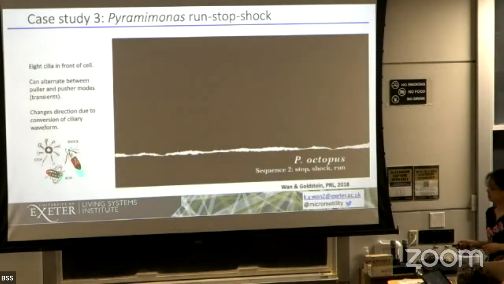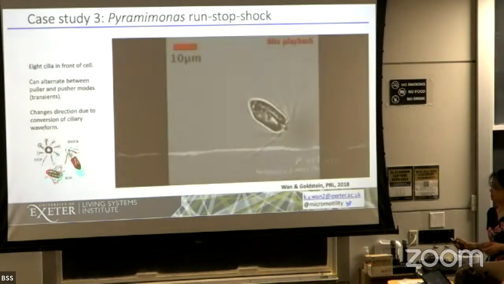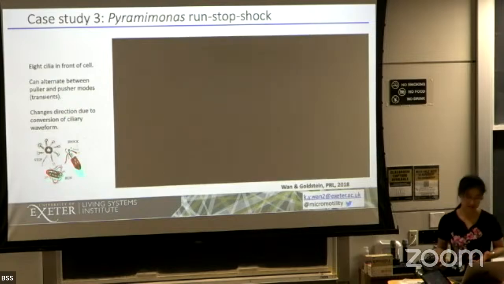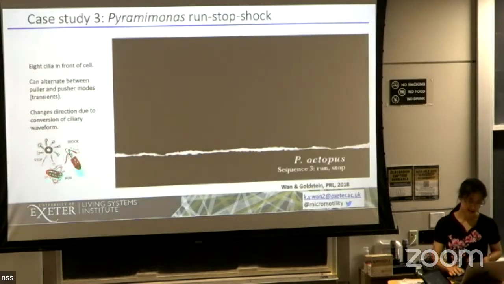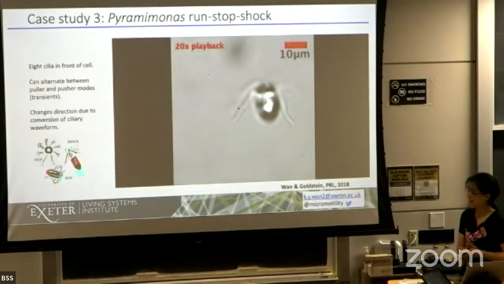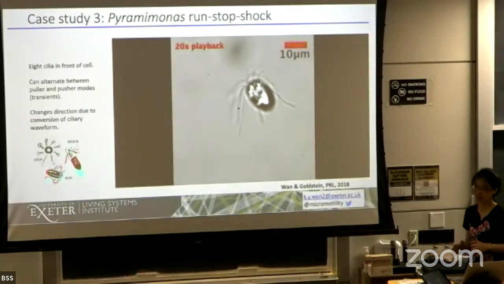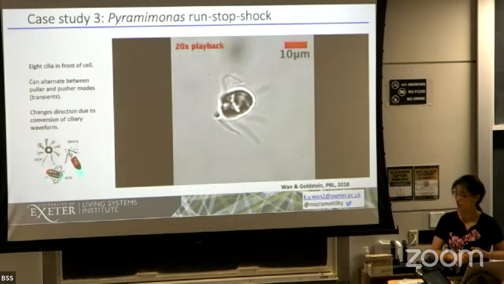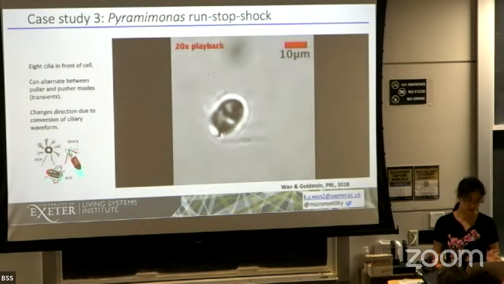But these are very stereotyped events, and there are also stereotyped transitions that characterize each of the species that we study. But the overall point to all three of these examples is that organisms generally have a way to change direction. And this is probably critical for dispersal.